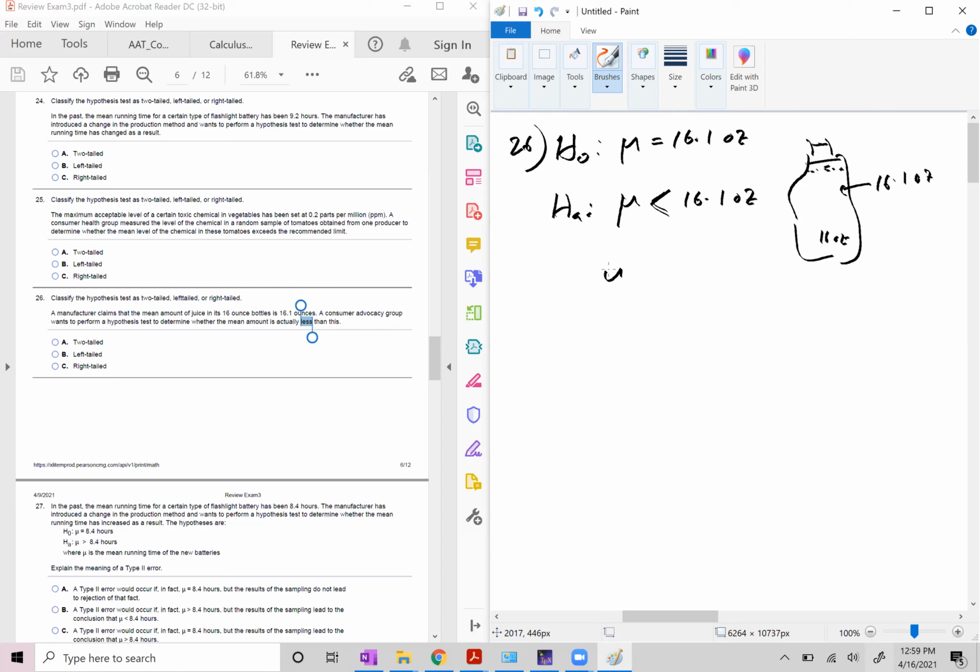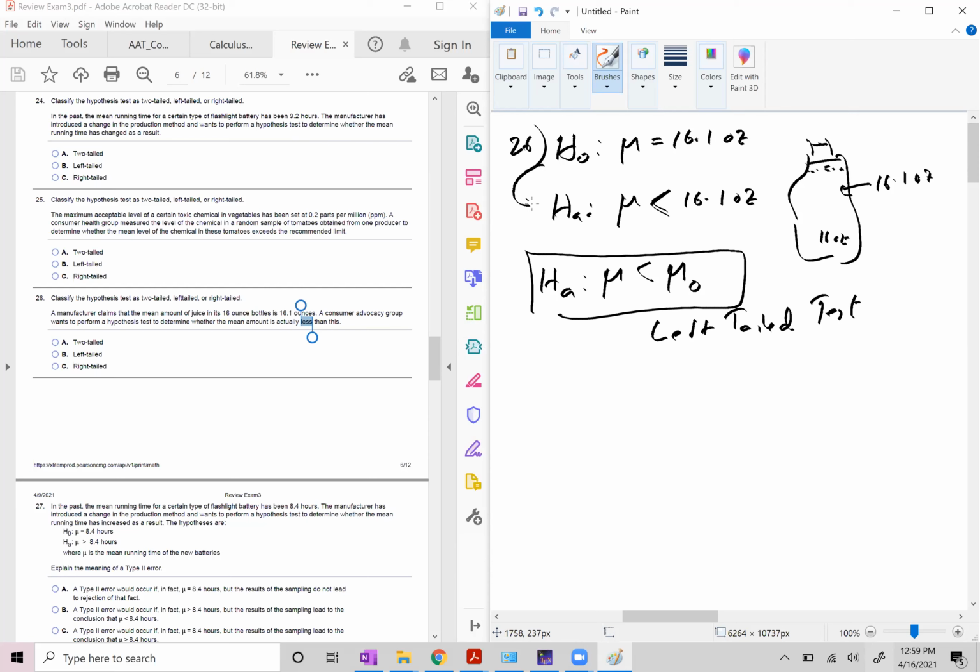When you have mu less than some value, if your alternative looks like this, it is a left tail test. You can remember it like that, or you can argue and think: you reject the null and go to the alternative when you get less values for our test statistic.